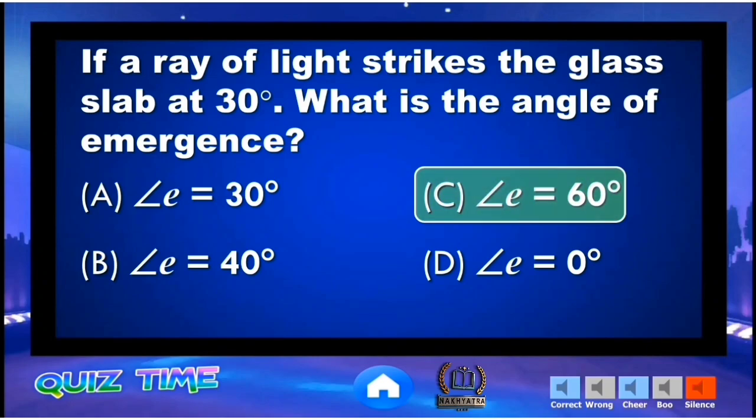We can find the angle of incidence, and similarly we can find the angle of emergence, because we know that the normal is 90 degree. So when the ray strikes the glass at 30 degree, the angle of incidence will be 90 degree minus 30 degree, which is 60 degree. Right? Since in the case of a glass slab the angle of emergence and the angle of incidence are equal, the angle of emergence will be 60 degree. So I hope everyone understood.